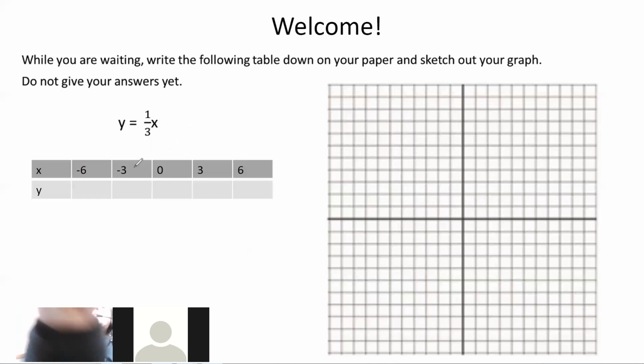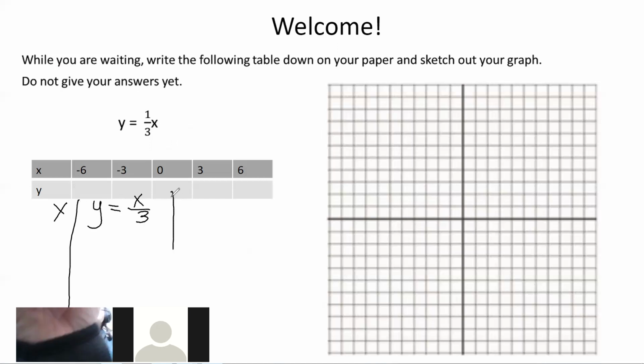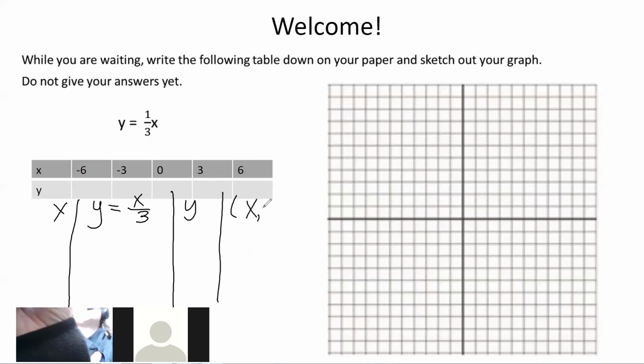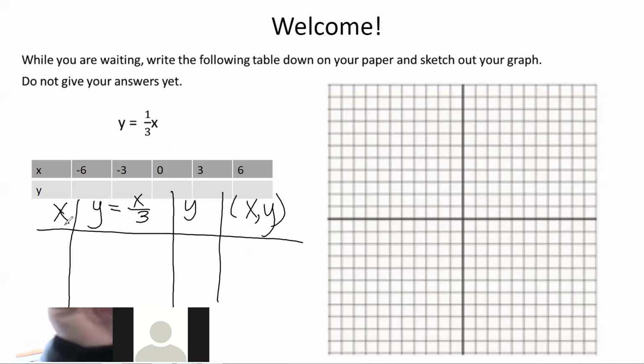What if I plugged here? Let's change it to, I like this version a little bit better. So instead of the 1/3 x, I'm writing x divided by 3. And then we can even put the points in there. I like this grid better. So let's plug in our -6 for x.